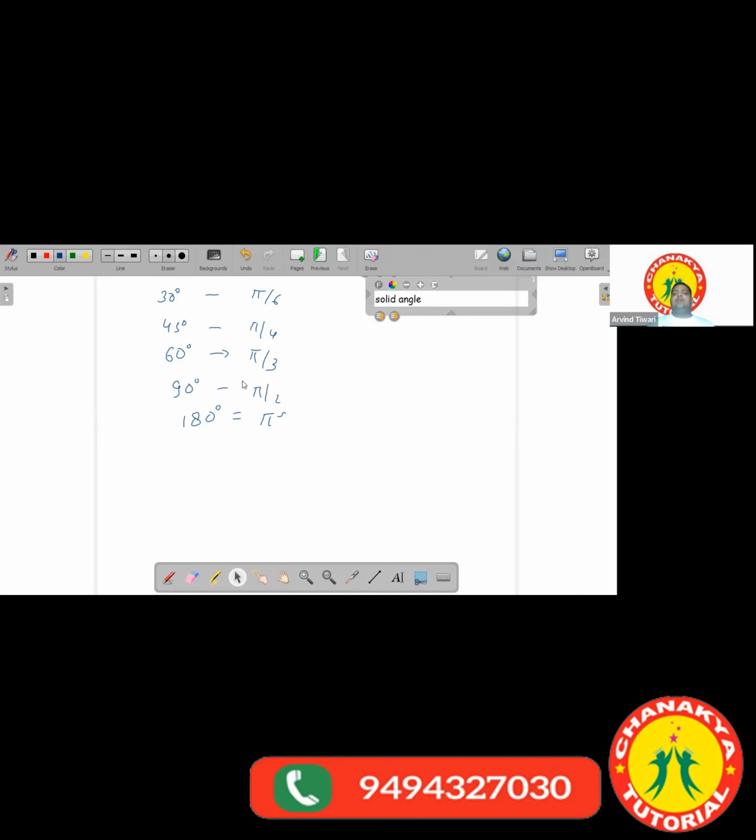For example, if you take a cone and draw it something like this, when I draw a cone in two dimensions, I observe a two-dimensional angle, but in reality, this is three-dimensional.